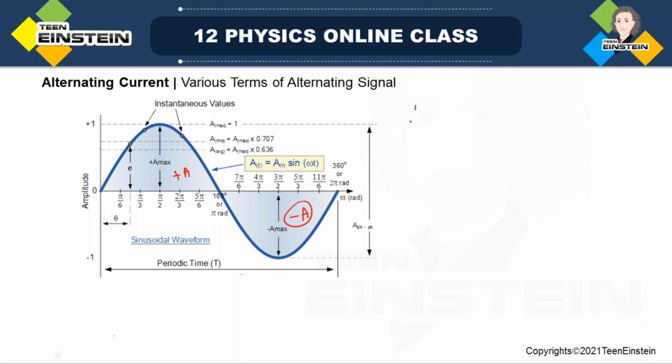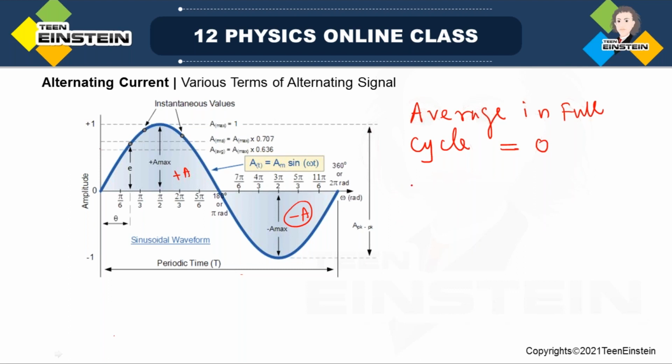So as I told, if you take the average in a full cycle, it is going to give you 0.